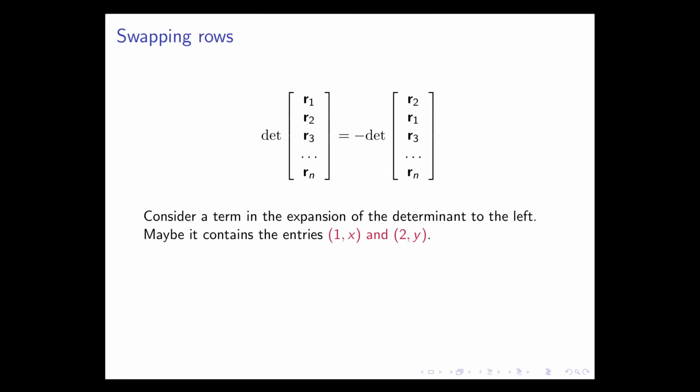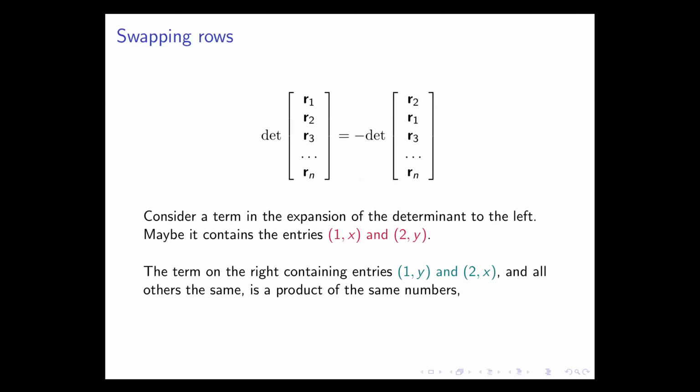Why is that? Well, again, you need to look at the number of inversions, right? Consider a term in the expansion of the determinant to the left, and it contains the entries 1x and 2y. So it's the first row, x column, and second row, y column. And on the right, it will contain entries 1y and 2x, and all others are the same, right?